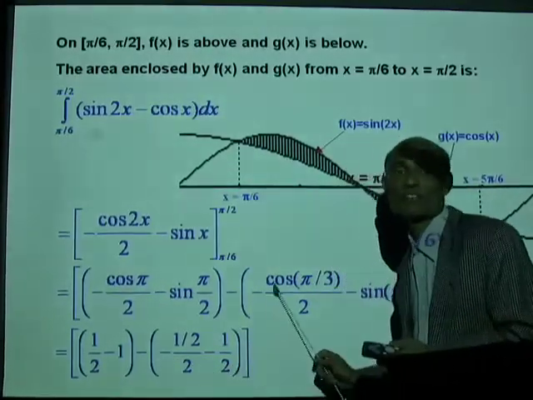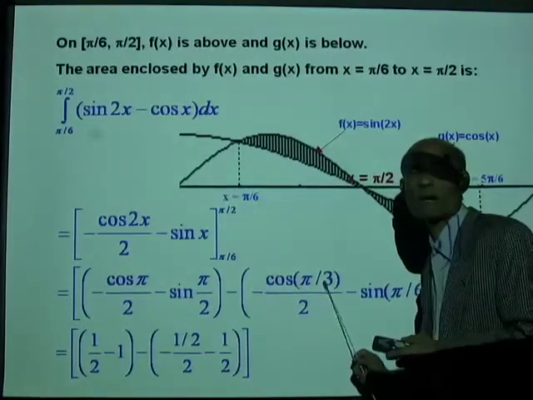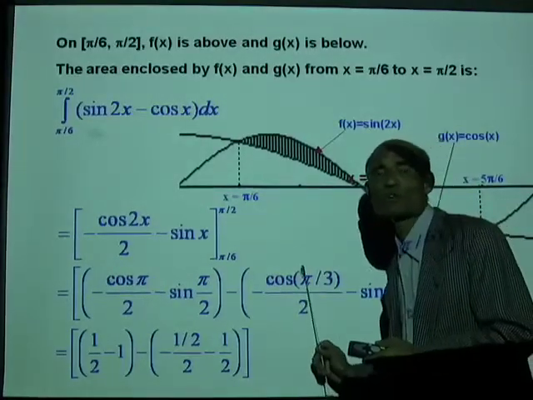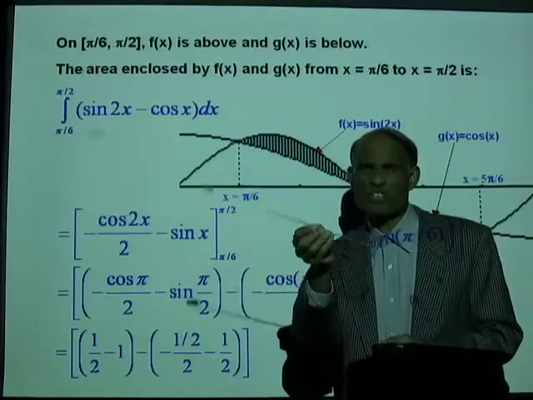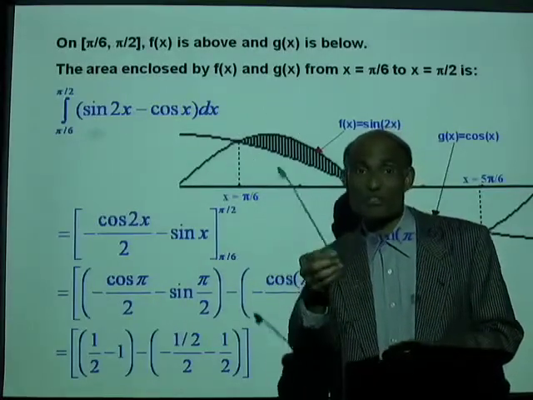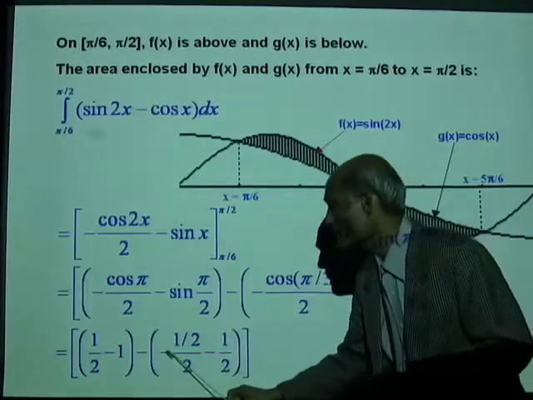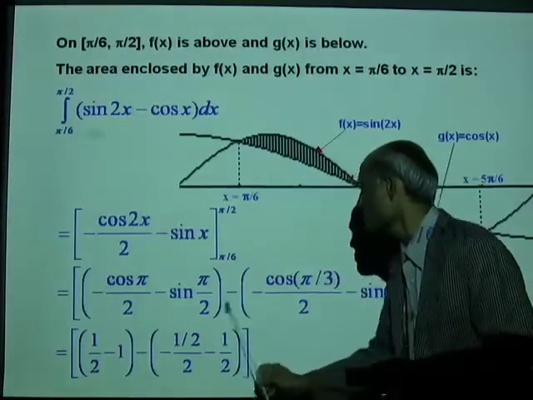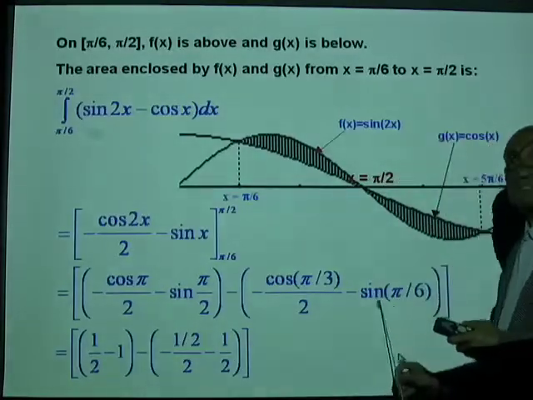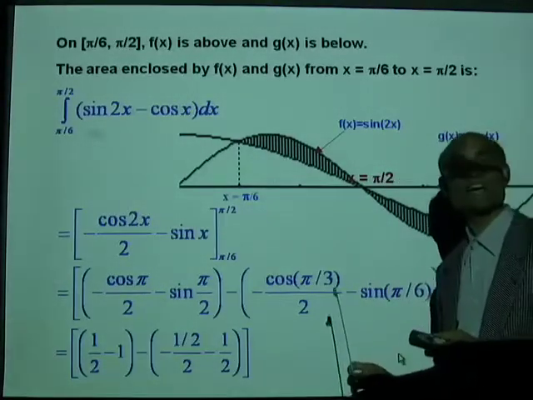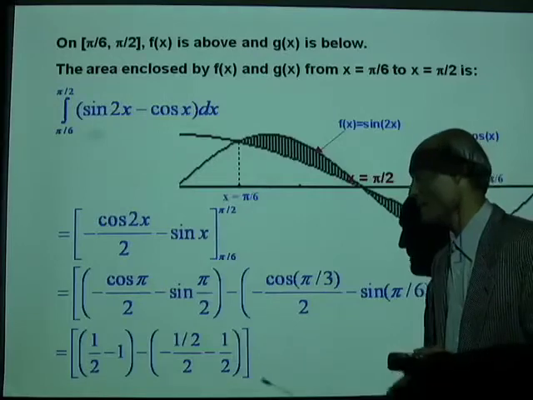Minus negative, what is cos of pi by 3? Pi by 3 is 60 degrees. Cos 60 degrees is 1/2. So that will be negative cos pi by 3, which is 1/2, divided by 2, minus sine pi by 6. Sine 30 is 1/2.